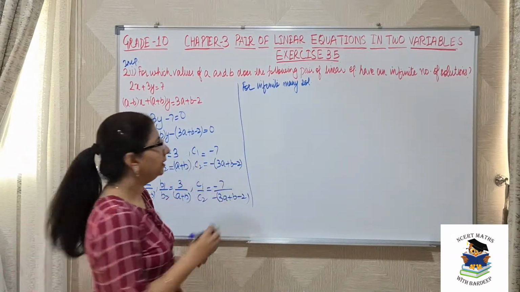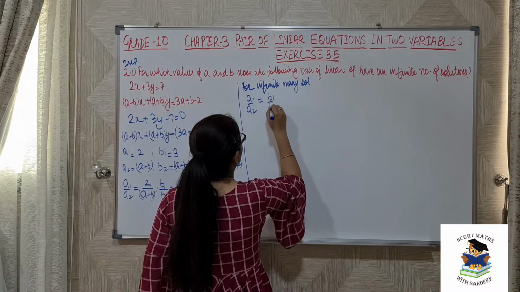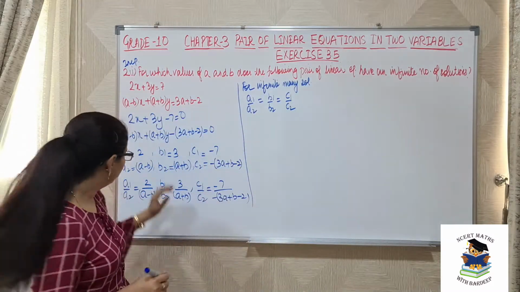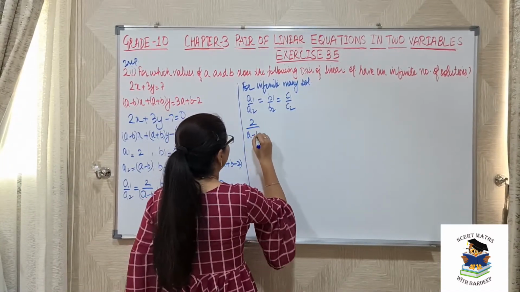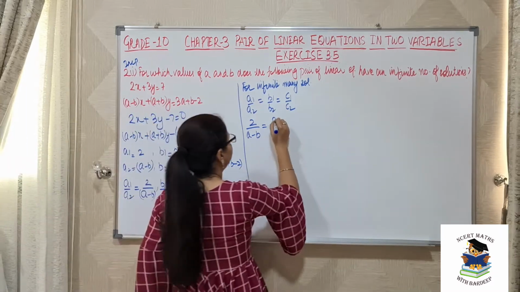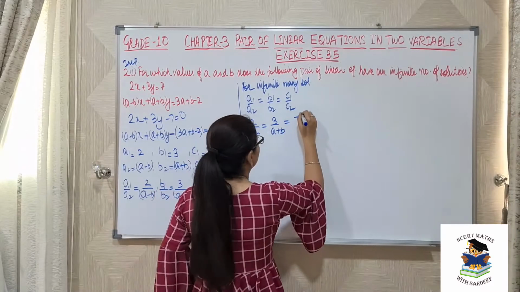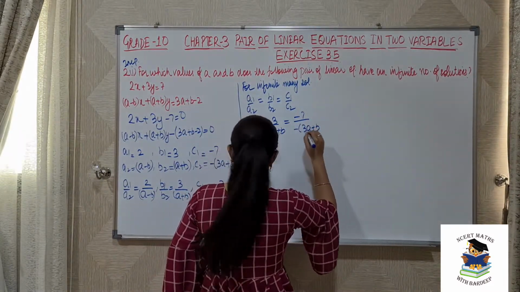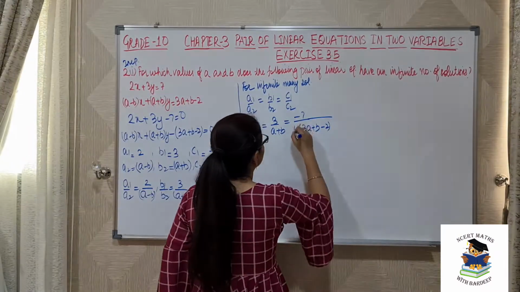So we will write a1 by a2 should be equal to b1 by b2 should be equal to c1 by c2. So what is a1 by a2? This is 2 over (a minus b) should be equal to b1 by b2, that is 3 over (a plus b), and this is equal to minus 7 over minus (3a plus b minus 2). So now this minus can be cancelled.